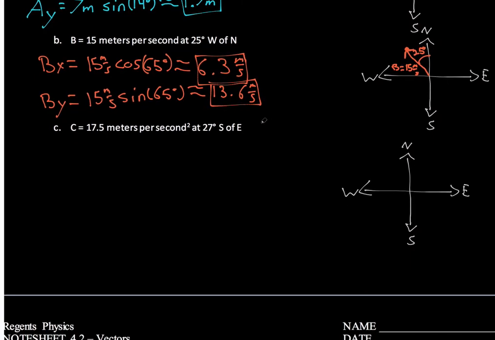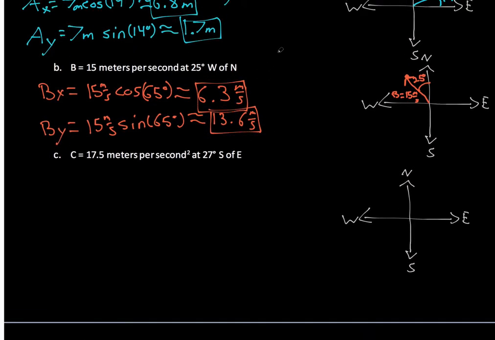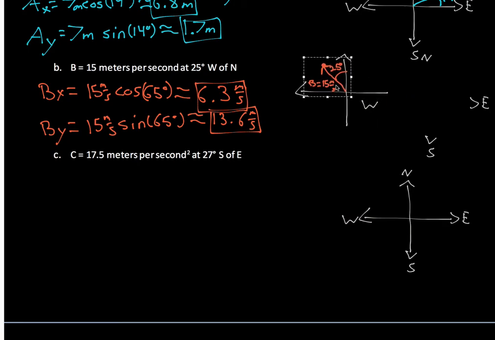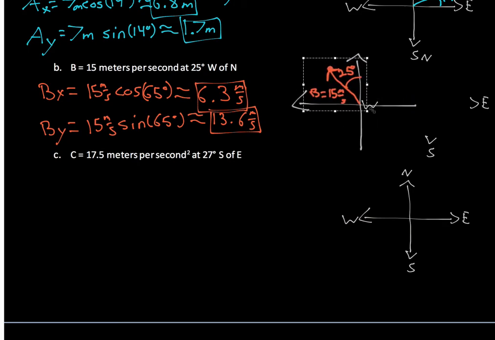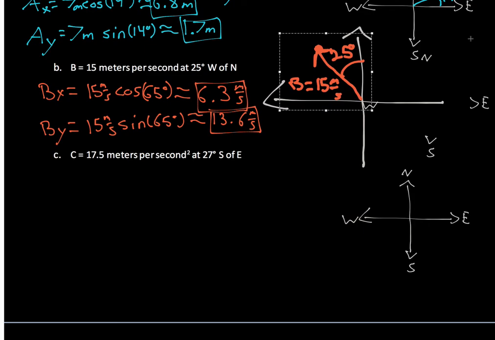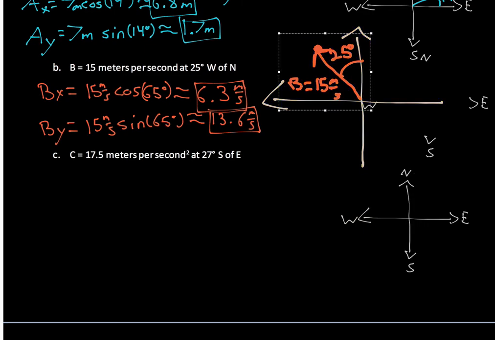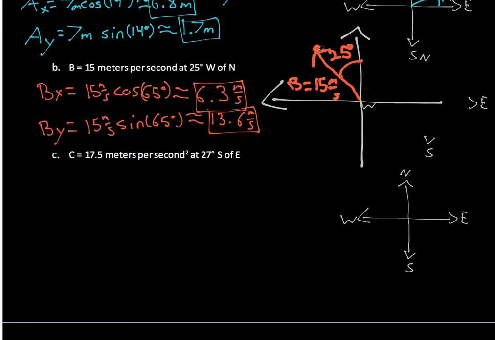Now the other thing we want to look at, back up here for a second, is the directionality of our components. If I take a look at this and blow it up for a second, not change its color, just blow it up, the components are going to be this way and this way.